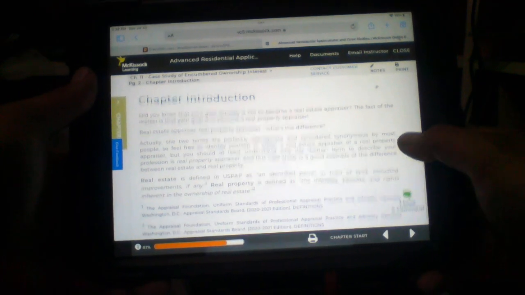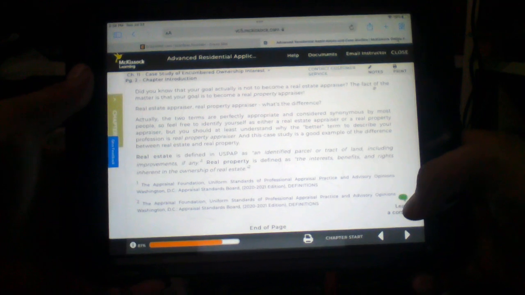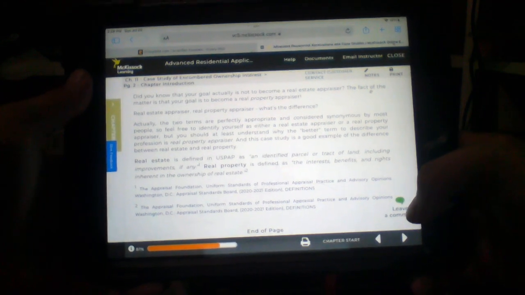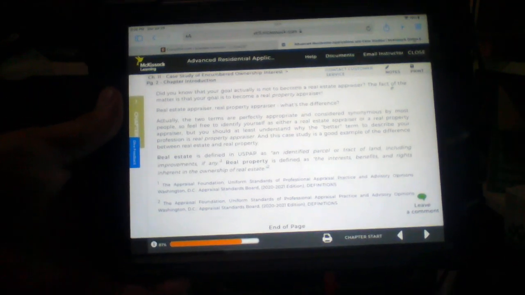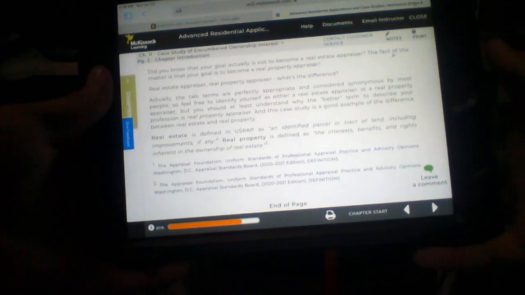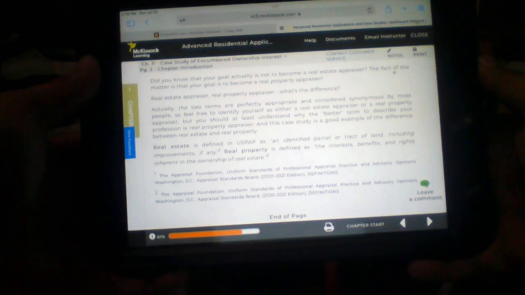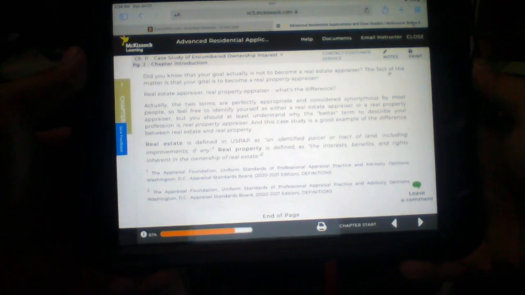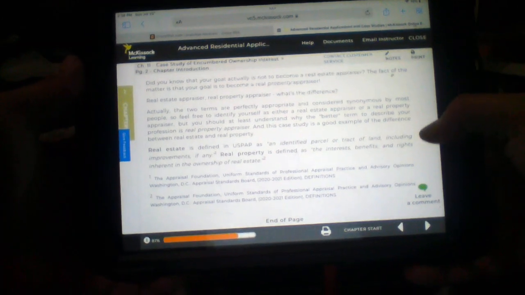Page 2, chapter introduction. Did you know that your goal actually is not to become a real estate appraiser? The fact of the matter is that your goal is to become a real property appraiser. Real estate appraiser, real property appraiser.